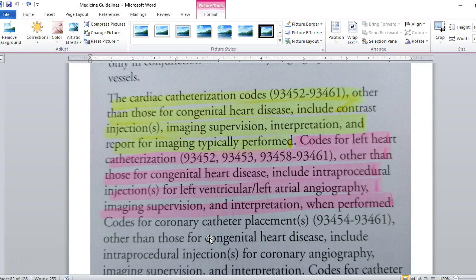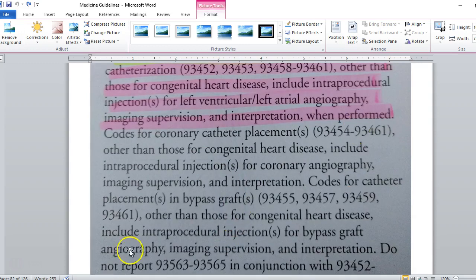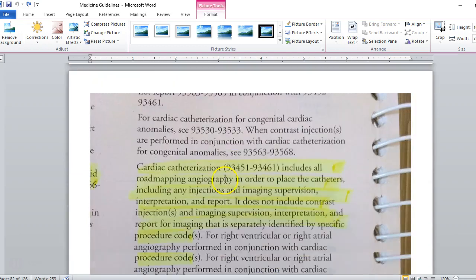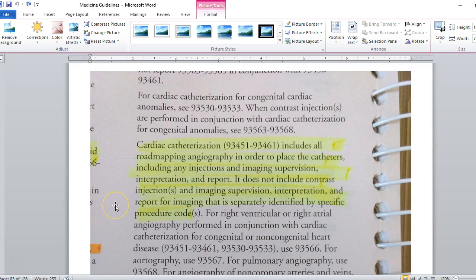So again, this is also what's included in these procedures. And again, they're reminding us that we have separate ones for congenital heart diseases. So we have to make sure if it's for a congenital heart disease that we are getting it correctly.